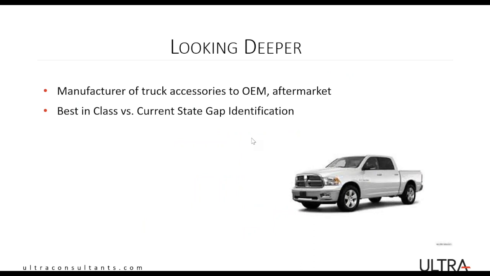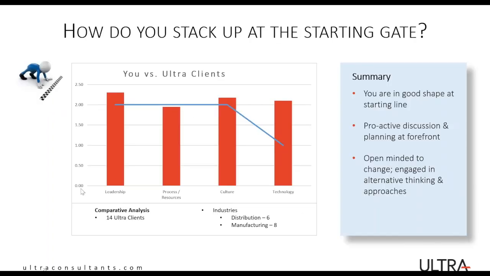So for example, we have a client that does aftermarket truck accessories. As we went in, we did a high-level capability assessment with them, and we broke it down into not just the processes we're talking about, but also leadership, culture, and technology.